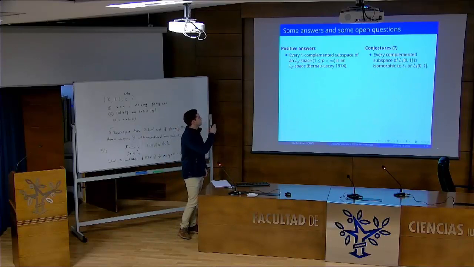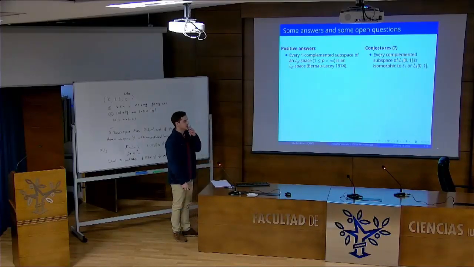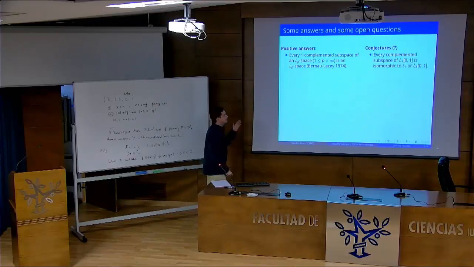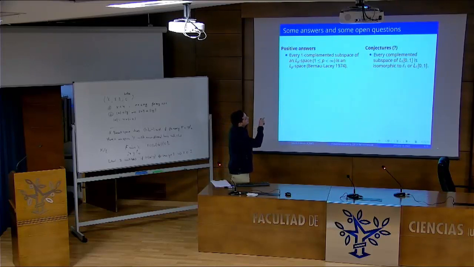This is due to Bernau and Lacey. They generalized some previous results of Ando and Douglas for finite measure spaces. This is general. And an important conjecture is that every complemented subspace of capital L1 is isomorphic to little l1 or capital L1. This is an important conjecture.